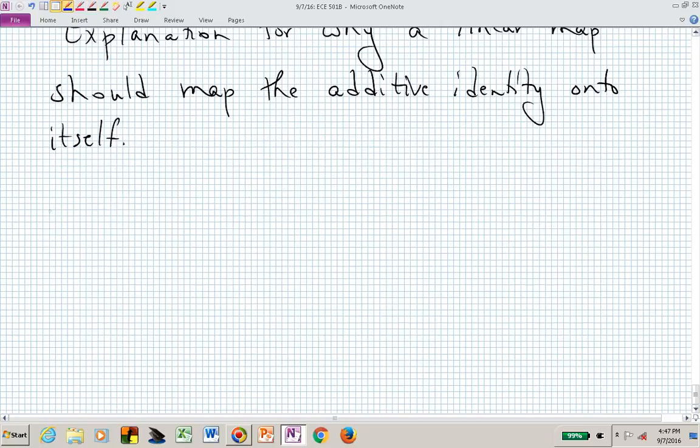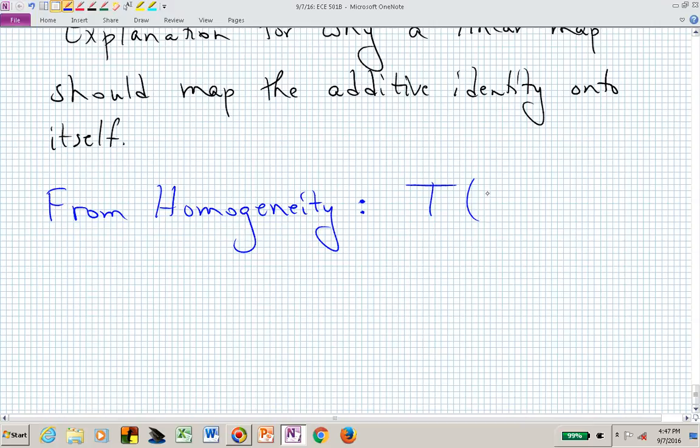In general, if you wanted to simply write down the homogeneity property in terms of the map, if I take alpha V and map that through T, and this satisfies homogeneity, what's supposed to happen?